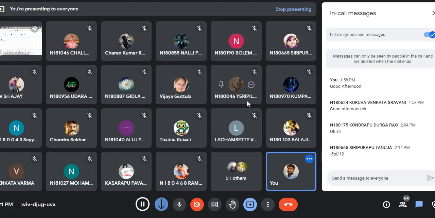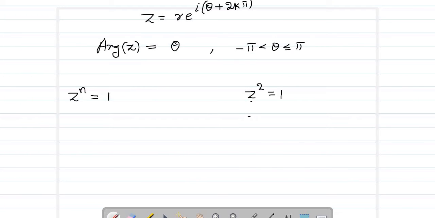Two, sir. Two solutions. Can you tell me what those 2 solutions are? Plus or minus 1. So it can be plus 1 or minus 1. This is the solution set for z square equal to 1.